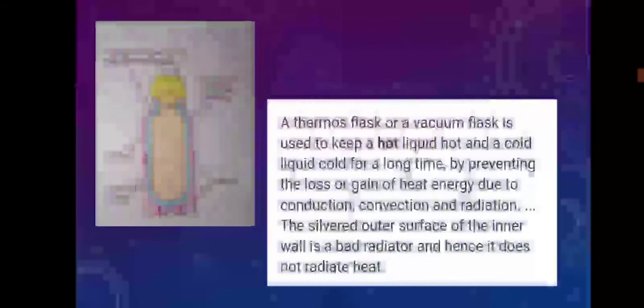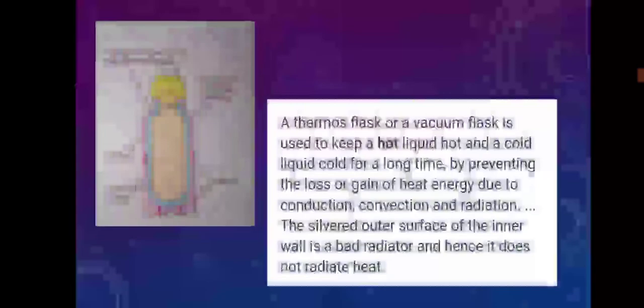This loss or gain of heat is minimized in the thermoflask. The transfer of heat through the walls of the thermoflask is very small, and the contents are kept at the same temperature for a long time.